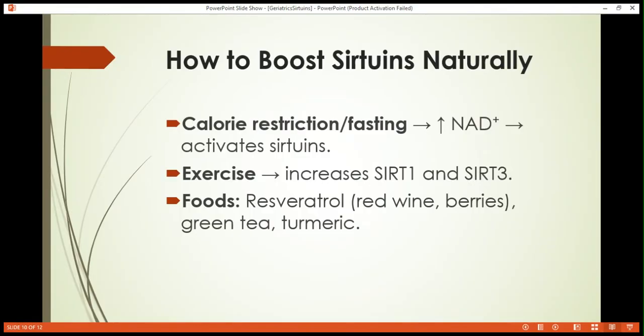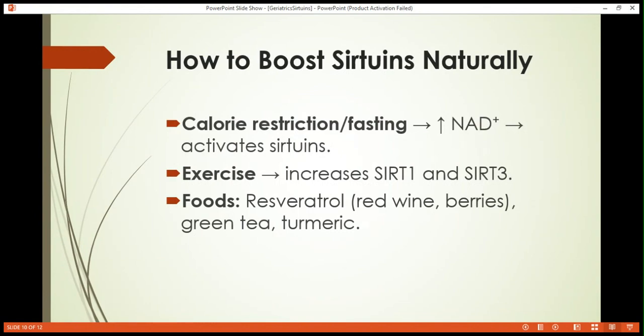For Sirtuin 1, it promotes fat burning and glucose balance and also helps in the function of the liver. And for 3, we said it boosts fatty acid oxidation.